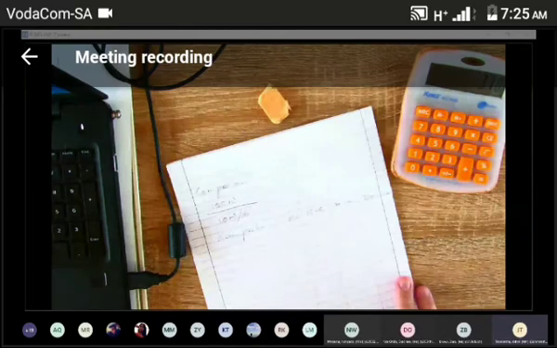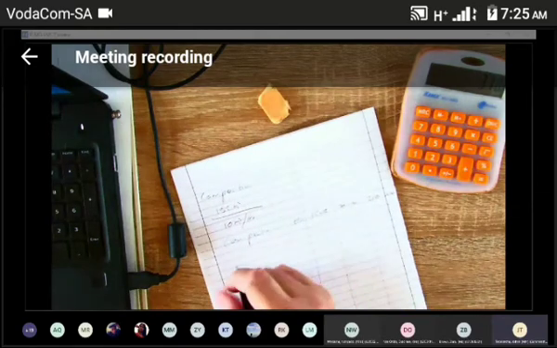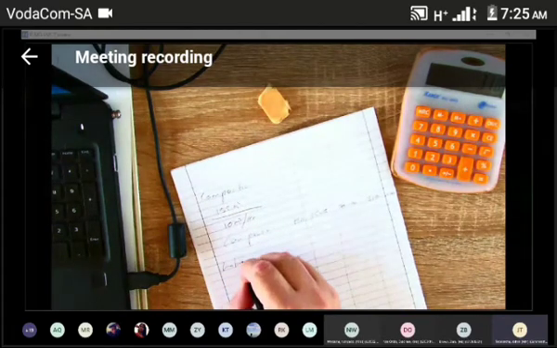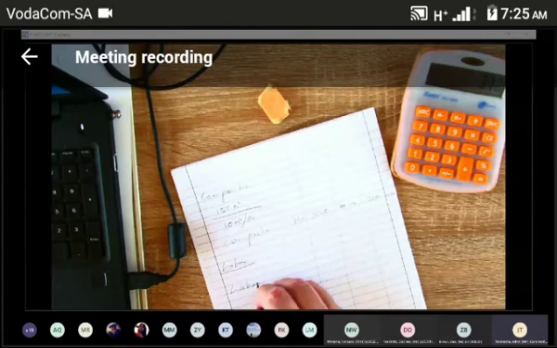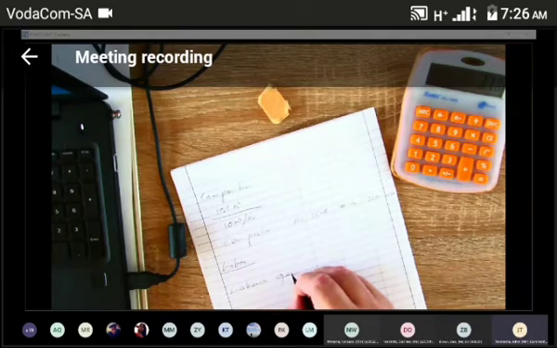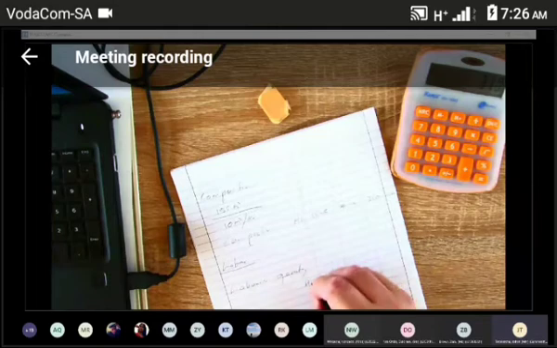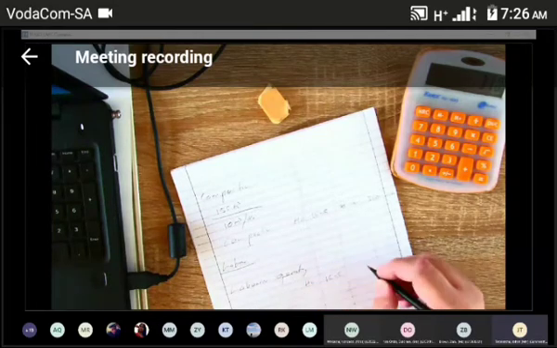And then I must add my labor. And my laborer, my operator, laborer operating will also be 15.5 hours.